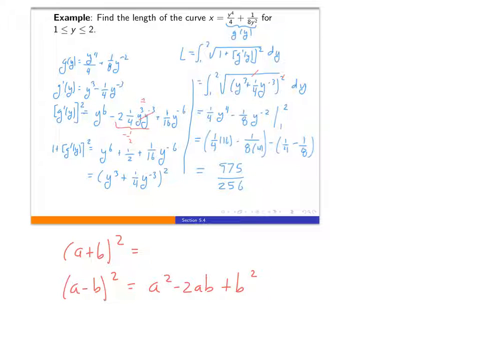And note the relationship. If it's a plus b quantity squared, it's a squared plus 2ab plus b squared. So it looks exactly the same, it's just the sign in the middle term. So notice here the sign in the middle term went from minus 1/2 to plus 1/2, which is why we went from a minus b squared to a plus b squared. Hopefully that helps a little bit with the algebra.